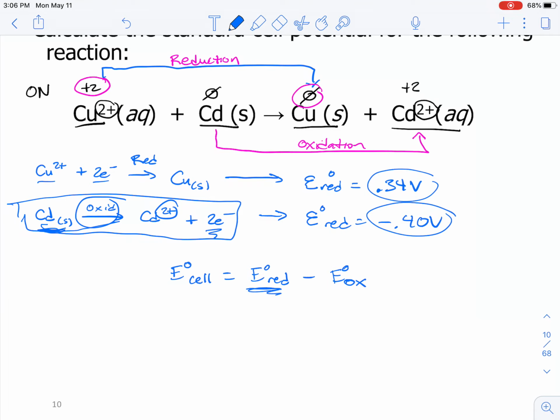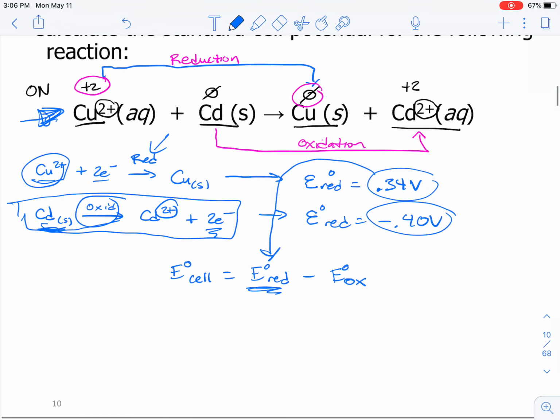And the number that you guys are going to put inside for the potential for reduction is going to be this 0.34 volts because according to this chemical equation, it is copper 2 plus that's undergoing reduction. And so we're going to place 0.34 volts right inside. And that leaves me with cadmium to undergo oxidation.